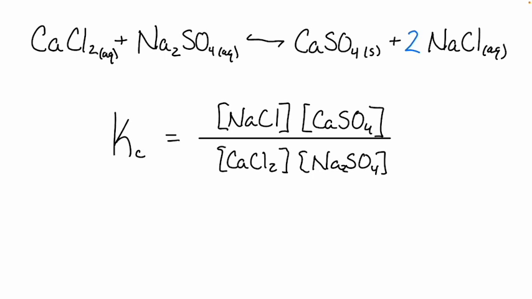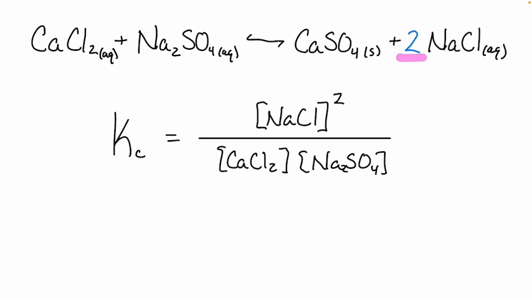I've got a solid in there. I can't have a solid in there, so we need to get rid of our calcium sulfate. And then the last thing I'm going to do to finish this off, I need exponents, right? So my stoichiometric coefficient is going to be an exponent in my equilibrium expression. Okay?